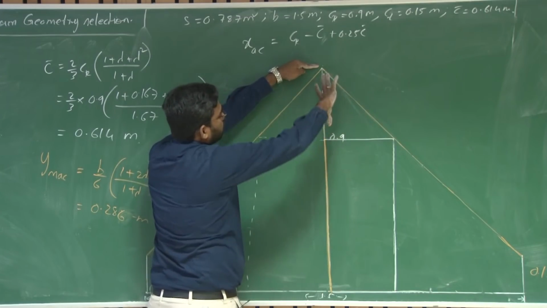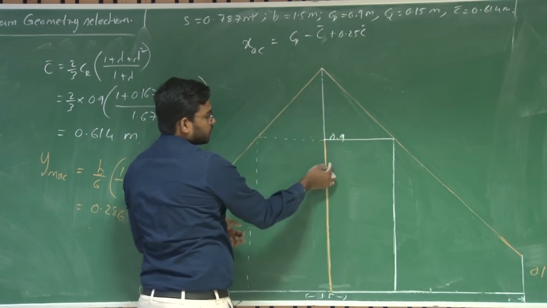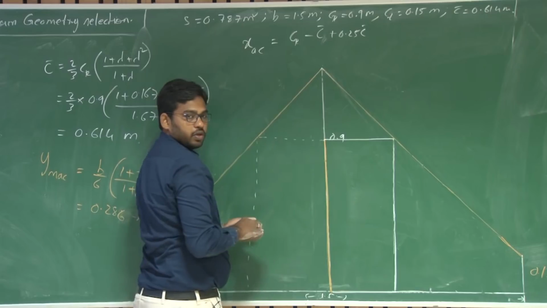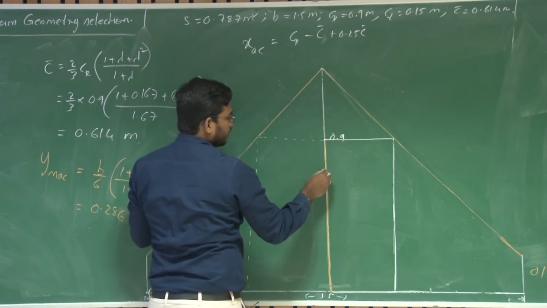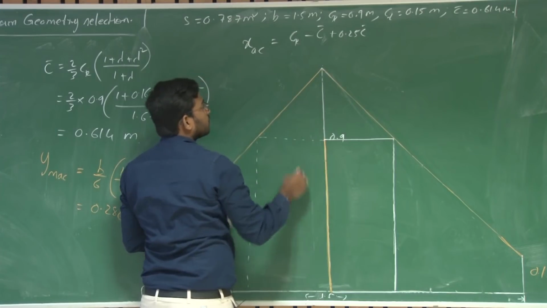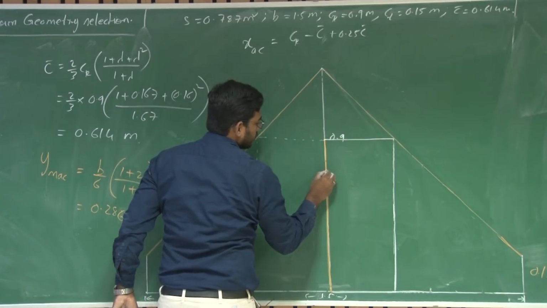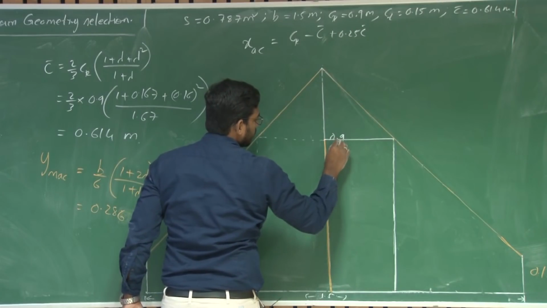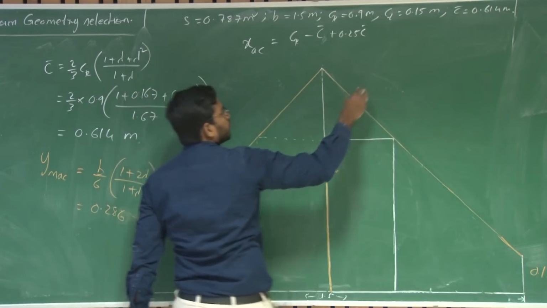That means what you have is this length. Plus, I need the aerodynamic center for the C bar, which is 0.25 of this C bar, a quarter chord of the C bar. So, this is my 0.25 C bar.